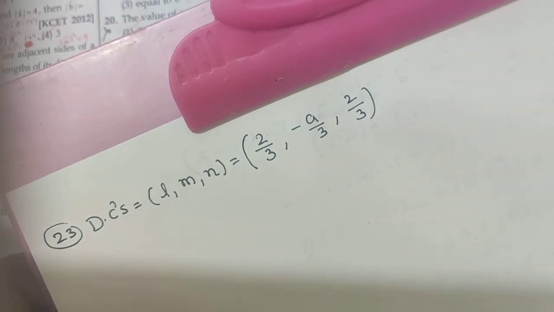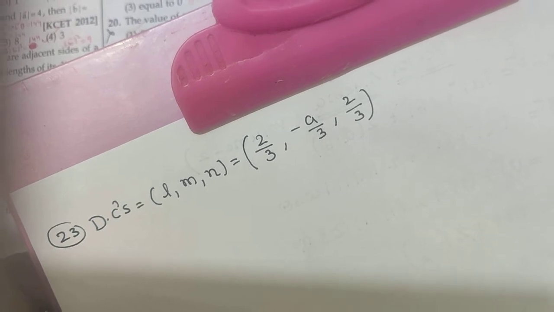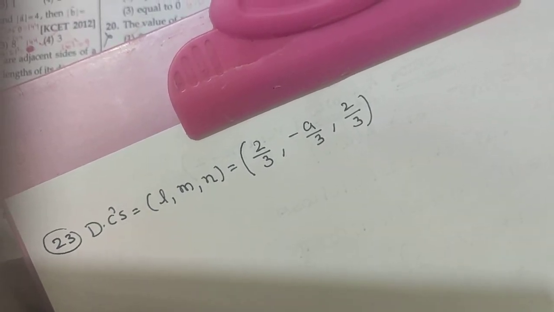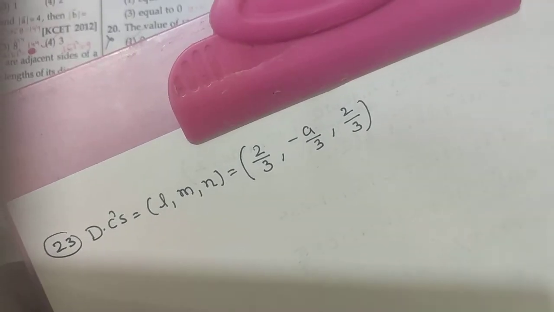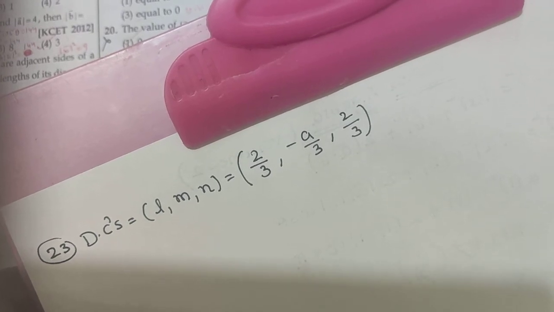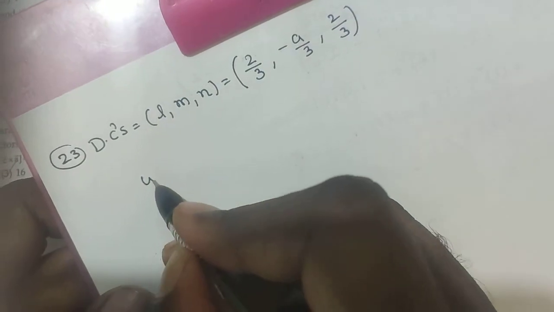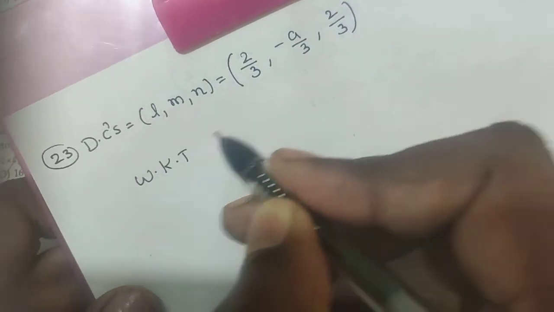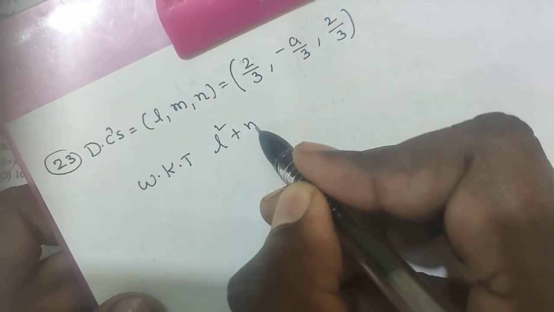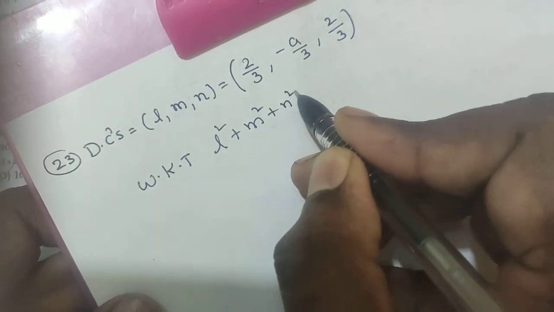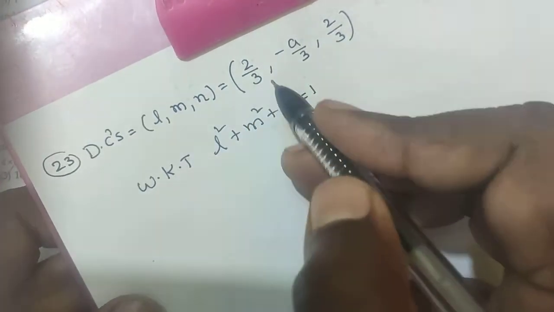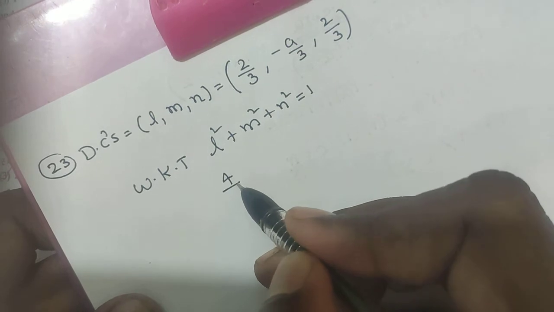We know one condition in direction cosines. If L comma M comma N are the direction cosines, then L square plus M square plus N square value equals to 1. Square of 2 by 3, 4 by 9.